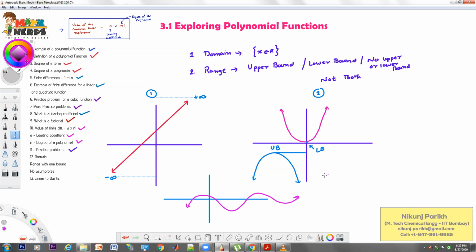And there is one more characteristic, and that is the polynomial functions do not have any asymptotes.